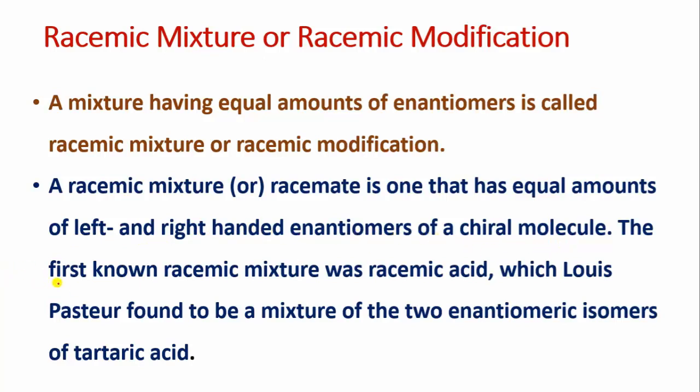The first racemic mixture was racemic acid, which Louis Pasteur found to be a mixture of two enantiomeric isomers of tartaric acid.